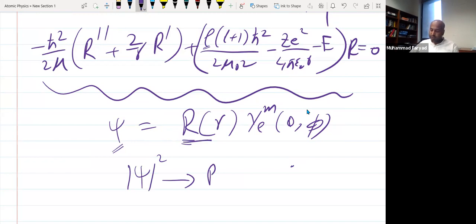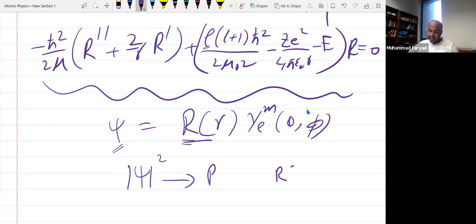So this is one condition, that R should be finite. Actually, more precisely, not R, but these probabilities have to be finite. And we'll see what that really means.